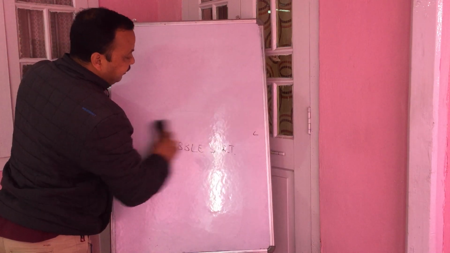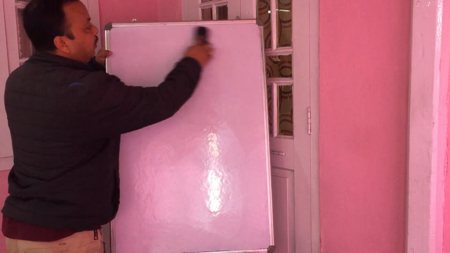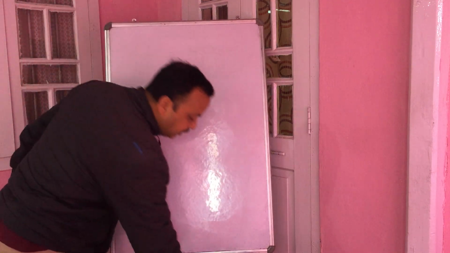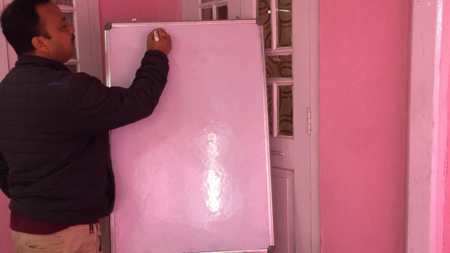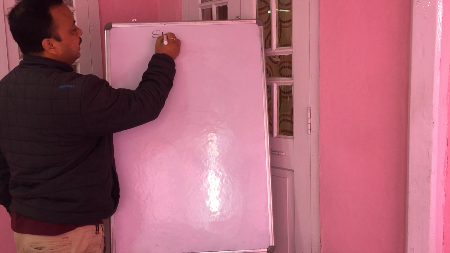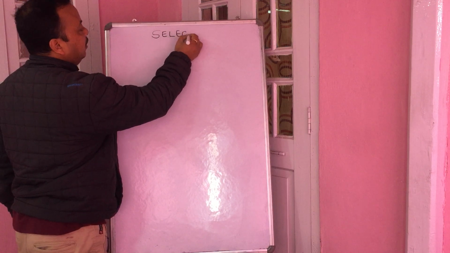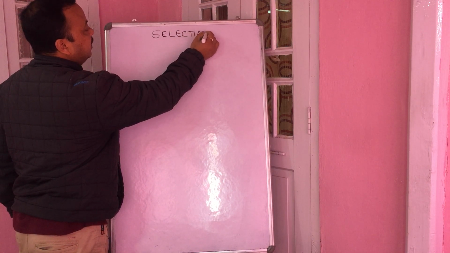At any moment, if you feel that you need to note down, please pause the video and note down whatever is written on the board. We will first talk about selection or sequential sort.